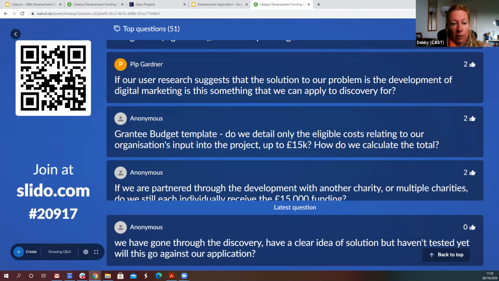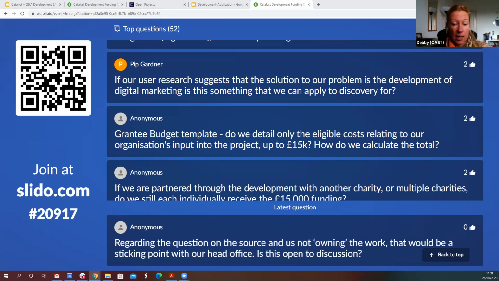So it's a very interesting question, Pip, and if you can build a clear application where you can make a strong case of how this would benefit you and other organizations, and how the solution you might look to build can benefit not just you but also other organizations, then that would put you in a really strong position, I think. But it would really have to be something that could potentially develop a toolkit that other organizations can access to help them with the same challenge. But yes, we would prefer operational challenges over income generation challenges in general.